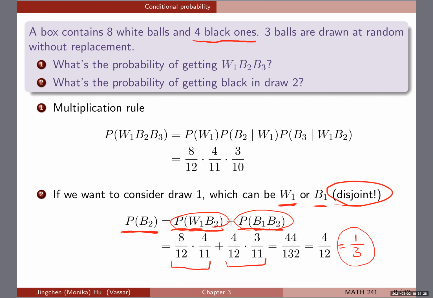If you look at this value, it's just 4, the number of black ones, over the total, the 12. It's a coincidence that we don't even need to know what the first one is, and eventually the second one is actually just the marginal probability of the black one over the total. So think about that.